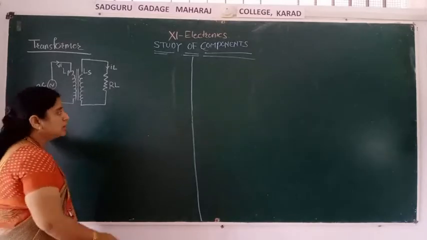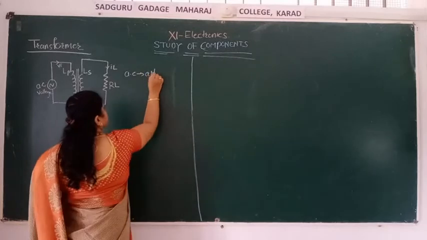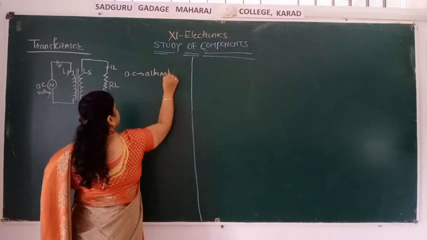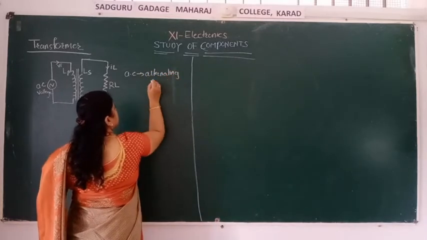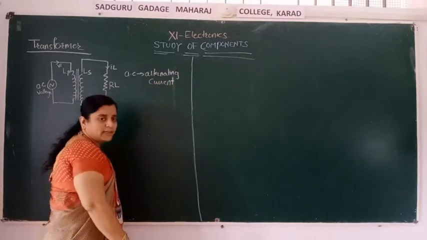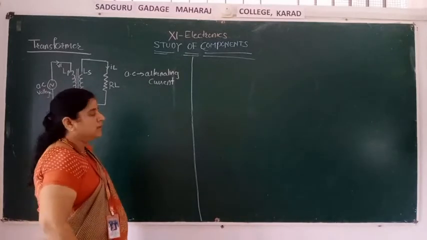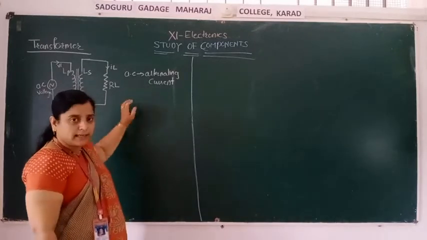AC means alternating current. Alternating current means the current which comes directly from the MSCB is called AC current.